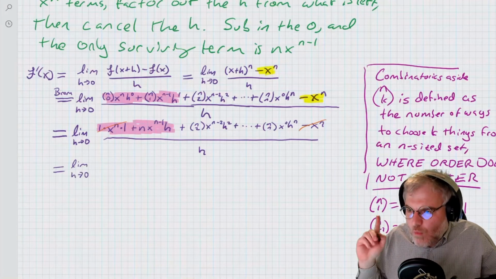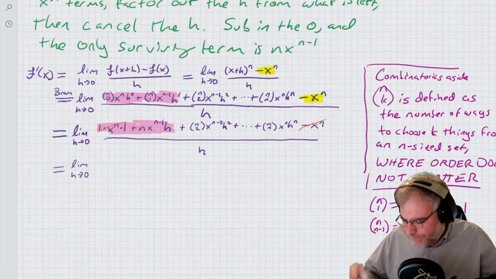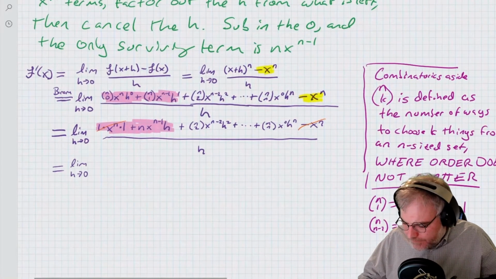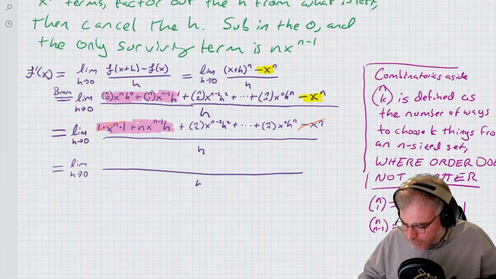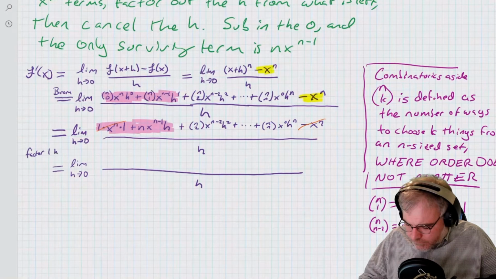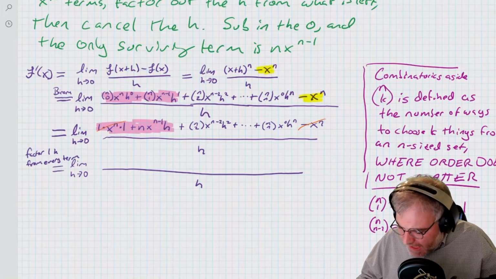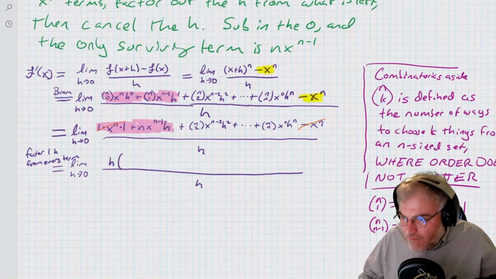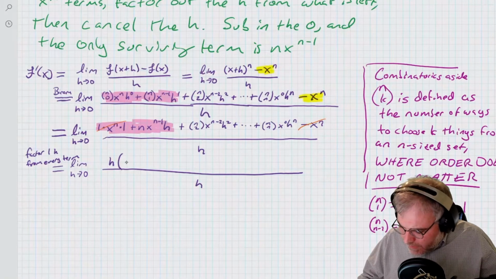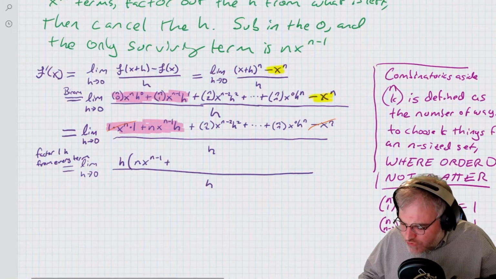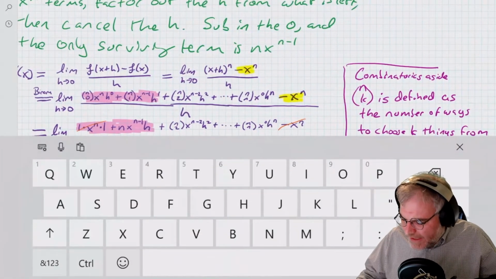I'm going to factor out one h from every term. So I'm going to have h times. Now, this first h, I only have one of them: nx to the n minus 1.